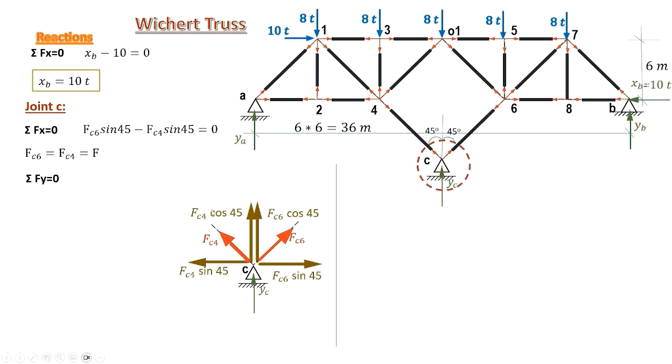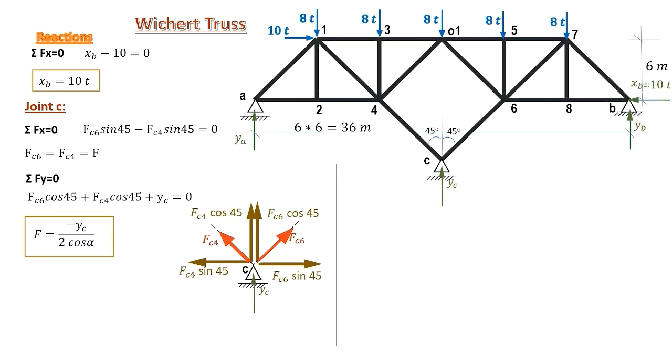Considering the vertical components and the YC, we get this equation which gives the force F equals minus YC divided by 2 cosine alpha, where alpha here is the angle 45 degrees. Of course, in this equation, we substituted for the forces C4 and C6 by the force F.